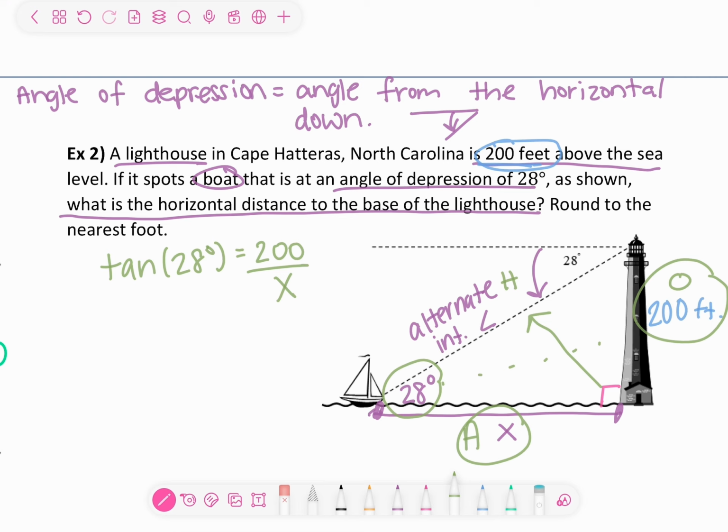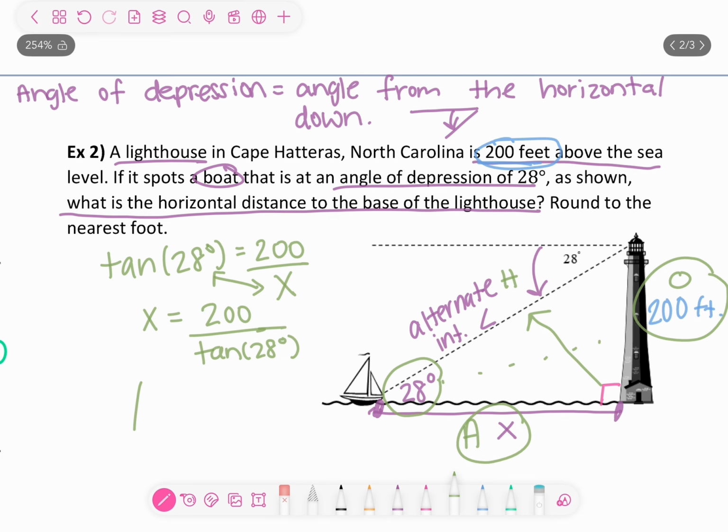And then to solve for x here, I showed you guys a shortcut. Since we're going to multiply by x and divide by tangent, you can just switch spots there. So x is going to be 200 divided by the tangent of 28 degrees. So go ahead and just put that in your calculator. The answer is going to be x equals 376.1, but it says to round to the nearest foot if I go back and read the problem.